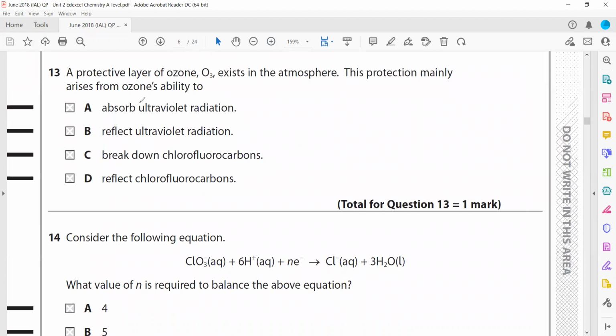A protective layer of ozone exists in the atmosphere. This protection mainly arises from ozone's ability to easily break down.